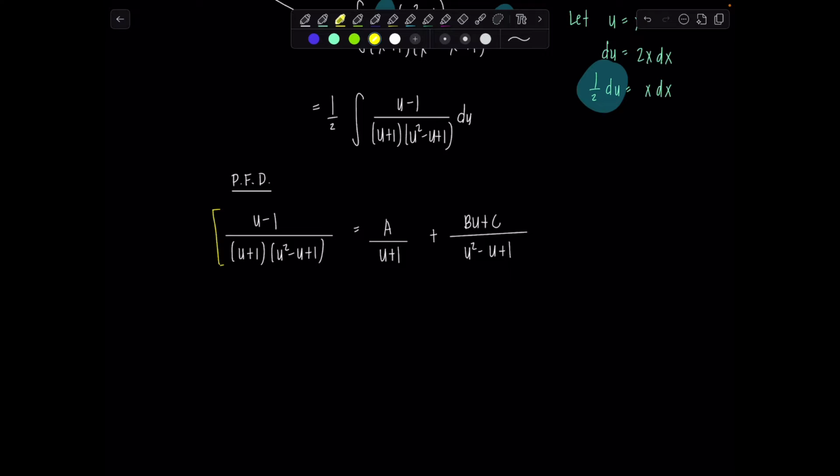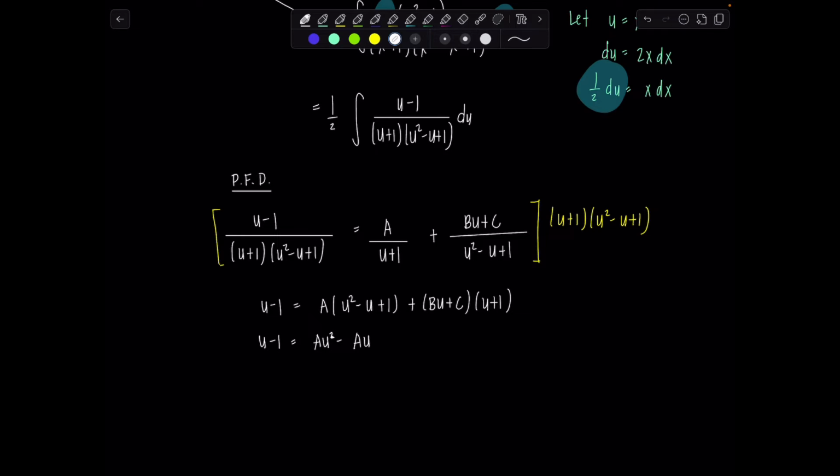Multiplying through by the LCD, u plus 1 times u squared minus u plus 1, on the left-hand side we'll have u minus 1 equals A times u squared minus u plus 1 plus Bu plus C times u plus 1. So u minus 1 is Au squared minus Au plus A plus Bu squared plus Bu plus Cu plus C.